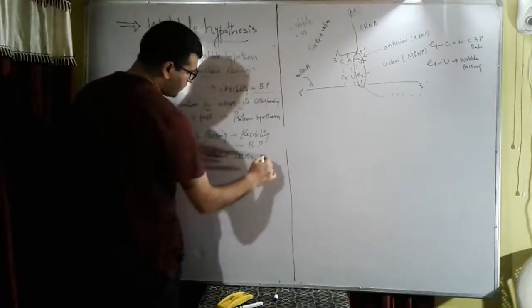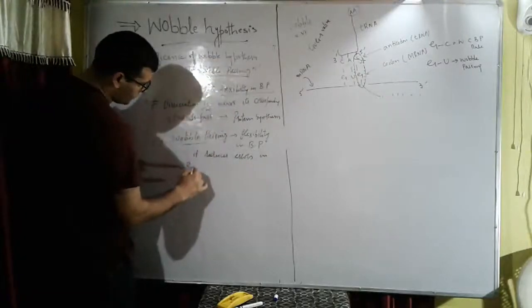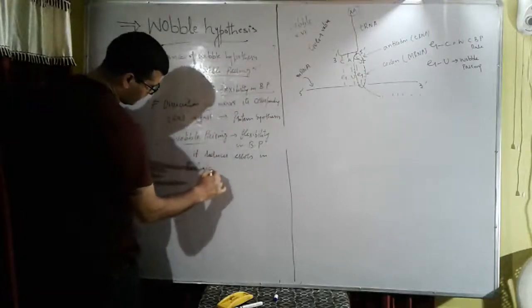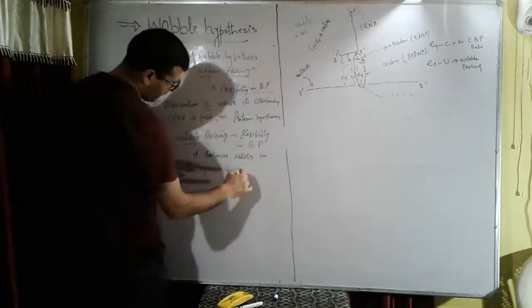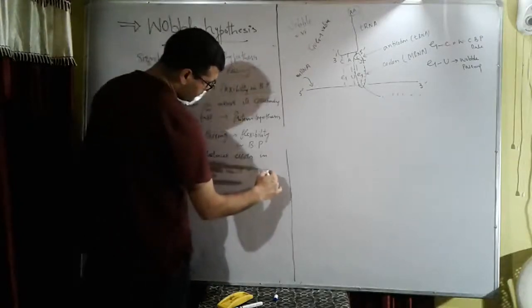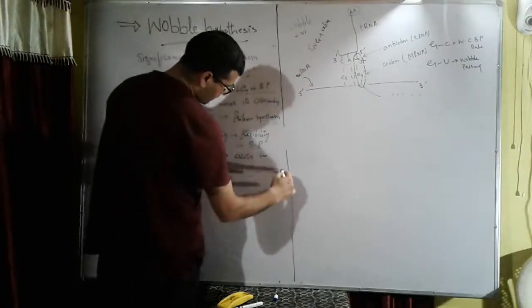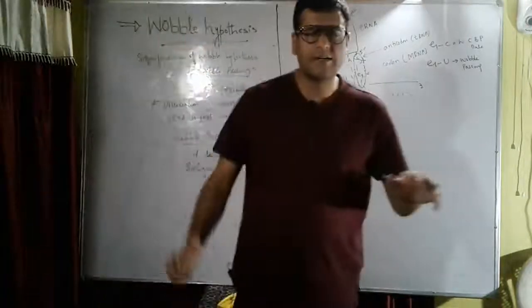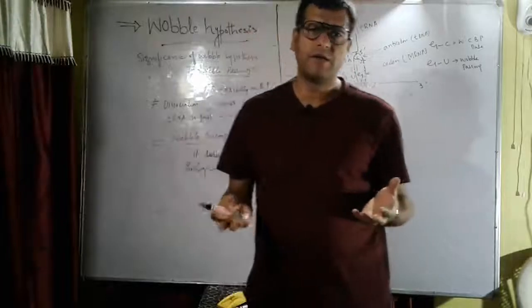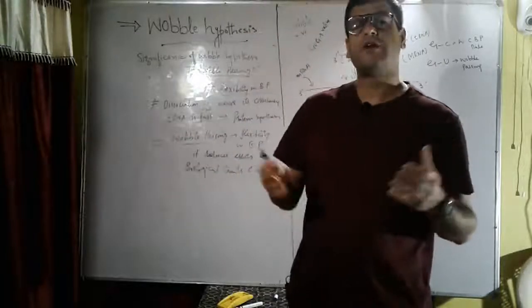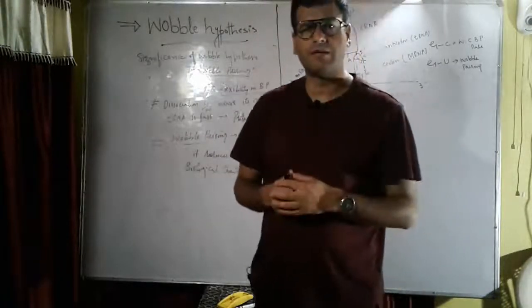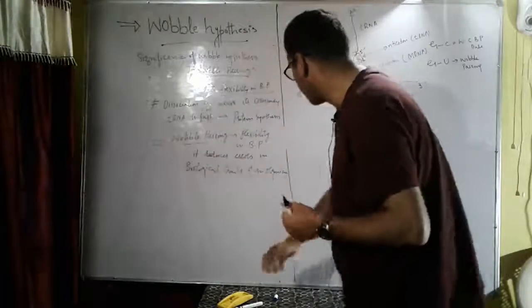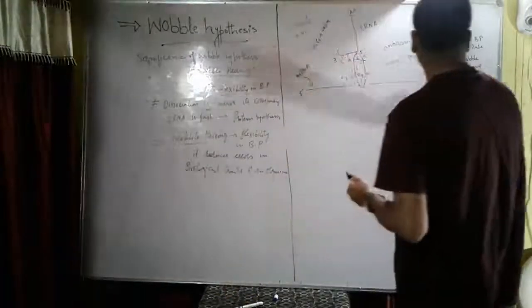How does this happen? It offers flexibility in base pairing at the wobble position, therefore it minimizes the errors in the biological traits of an organism. We'll explain it like this.